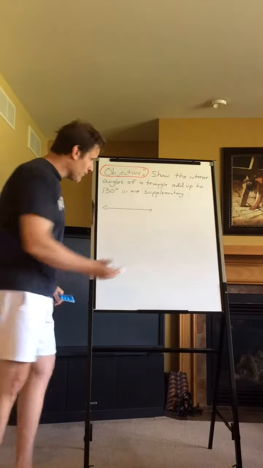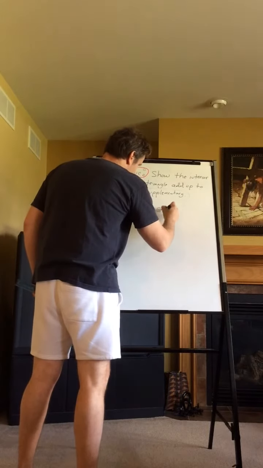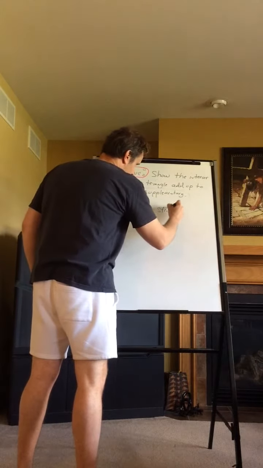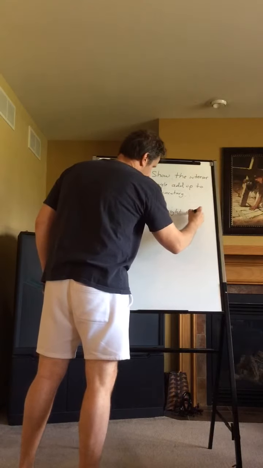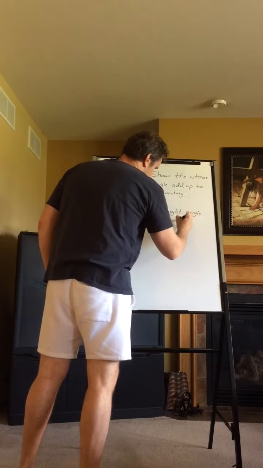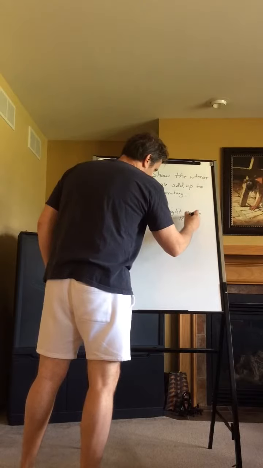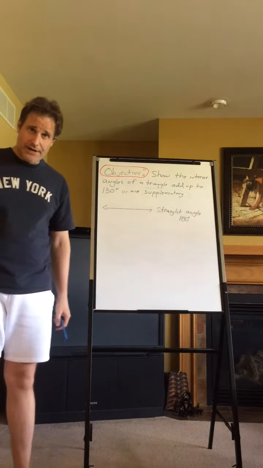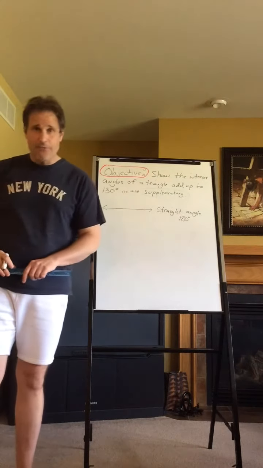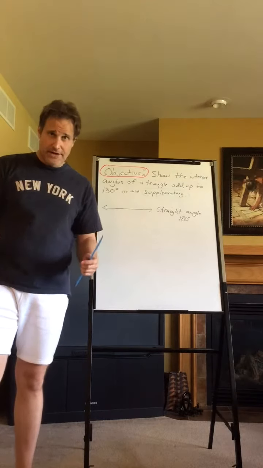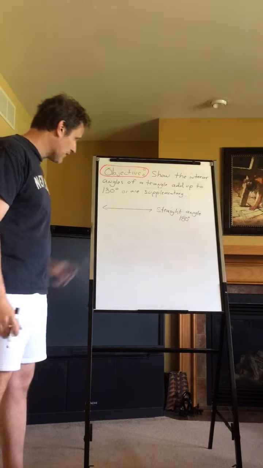This is a straight angle. A straight angle adds up to 180 degrees. So that is the third thing you got to do on your worksheet, draw a straight angle like that.